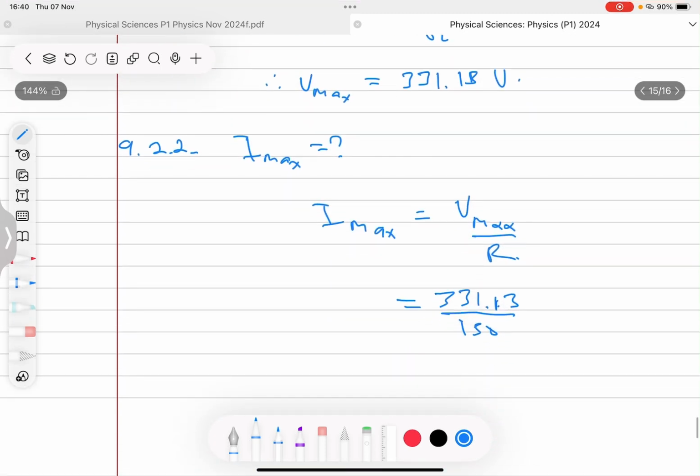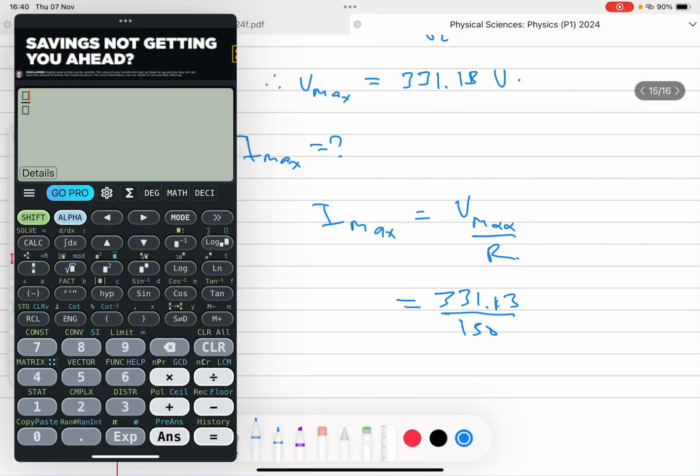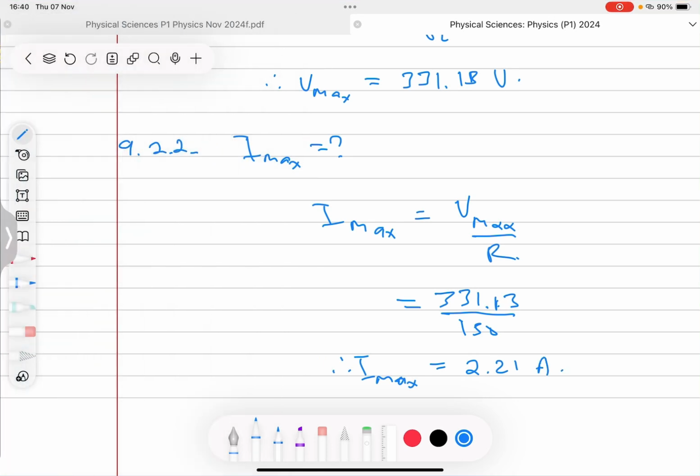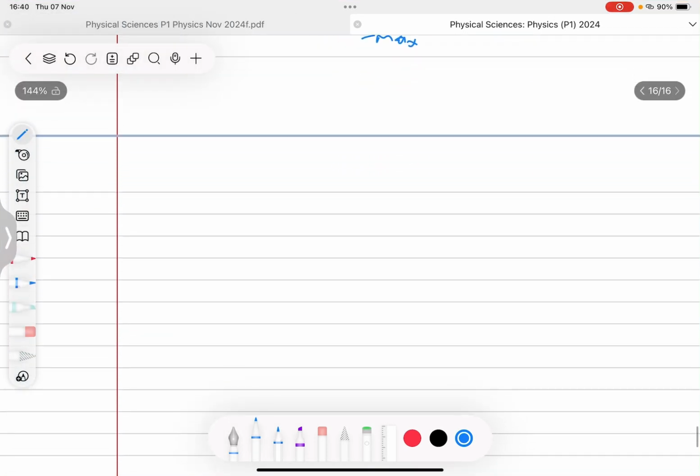Just to double check, yes, our resistance is 150. Now you can use your calculator to say 331.13 divided by 150. This gives me the maximum current that can be supplied, 2.21 amperes.